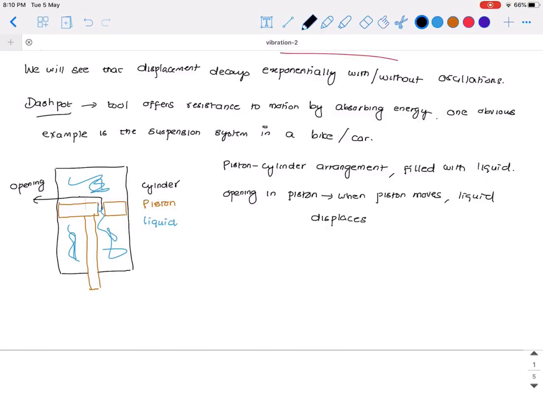Okay, so the energy loss here is due to the viscosity of the liquid. So when we say dashpot, we are talking about energy absorption, right? Here the energy absorption happens due to the viscosity of the liquid.